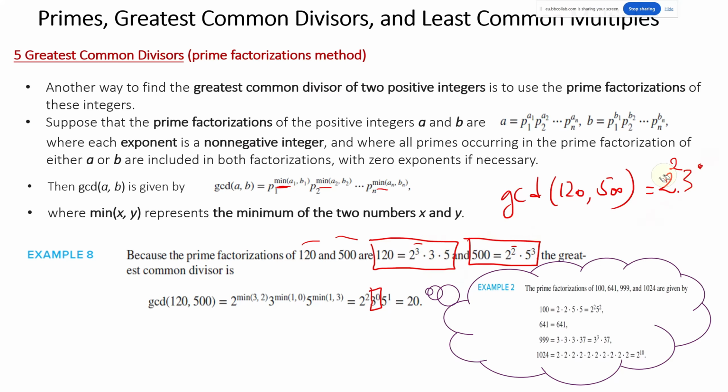And then what about the 5? I have one 5 here, and I have three 5s there. So what do they have in common? It's just one 5. And this is why you say this is 2 to the power of 2, that means 4, times 5, which is 20. This is the greatest common divisor.